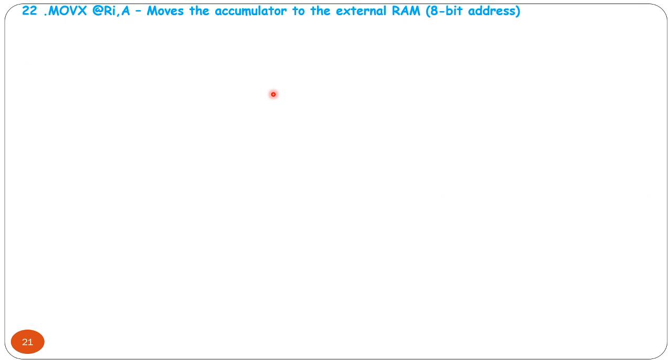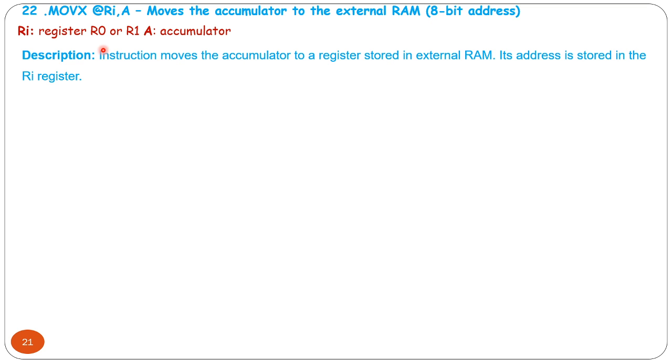Okay. Next one is MOVX @RI, A. Move the accumulator to external random access memory whose address is 8 bit and given by the R0 or R1 register. This instruction moves the accumulator to the register stored in external random access memory, and its address is stored in RI.